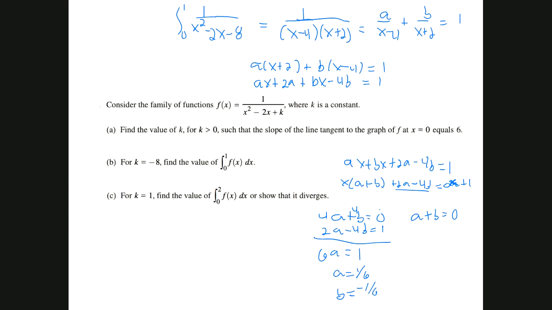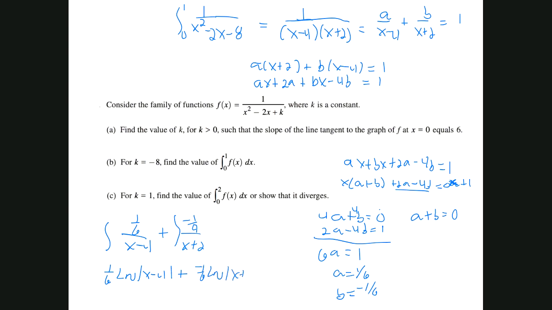So now I have the integral of 1/6 over x minus 4 plus negative 1/6 over x plus 2. So now I can take the integral of each one of these. It would be 1/6 natural log of x minus 4 plus negative 1/6 natural log of x plus 2.